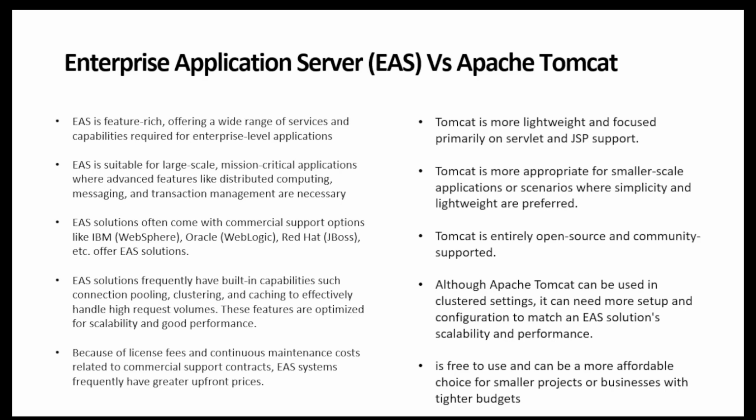While Tomcat can be used in clustered settings, it may require more setup and configuration compared to EAS solutions for scalability and performance. EAS comes with greater upfront costs because of license fees and continuous management, while Tomcat can be a more affordable choice for smaller projects or businesses with tighter budgets.